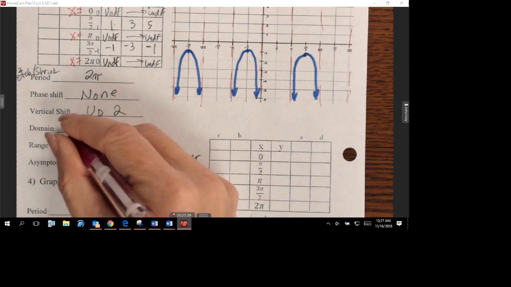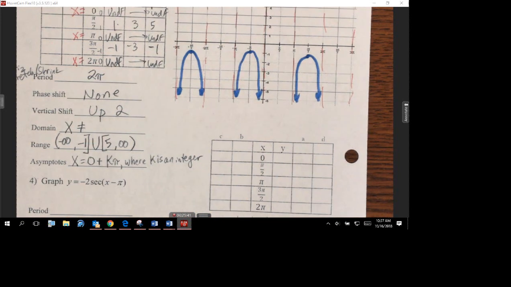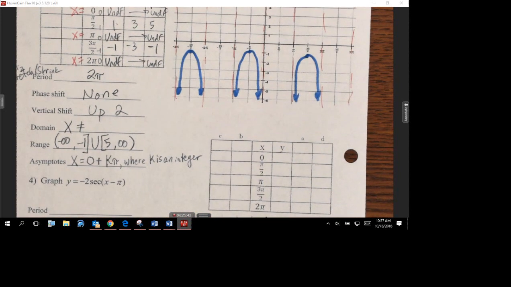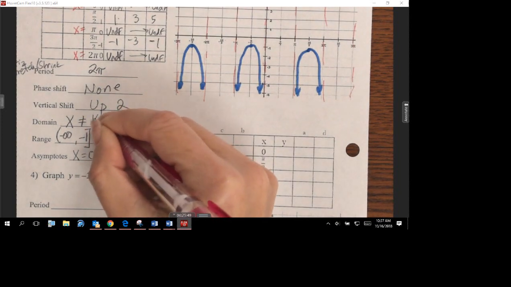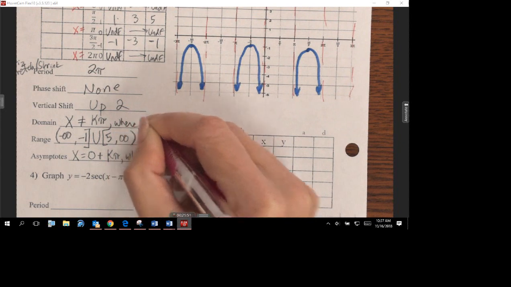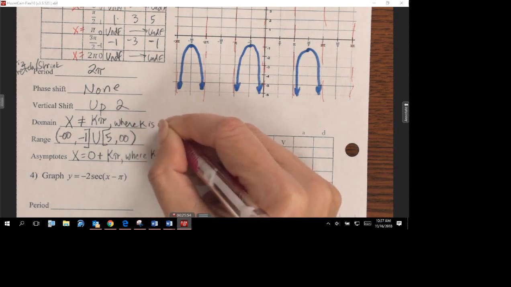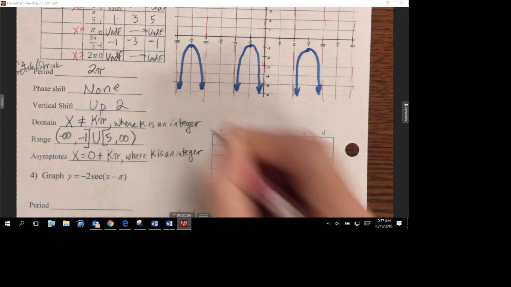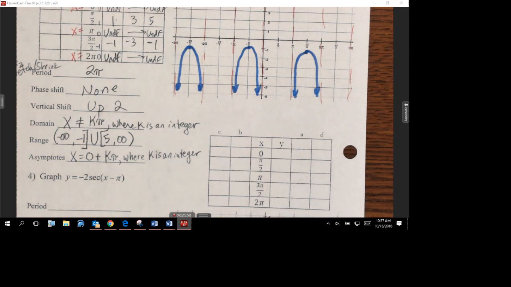So I'm going to say x does not equal the asymptotes, which were k pi, where k is an integer. So the domain and the asymptotes are related to each other. All right? Try the next one.